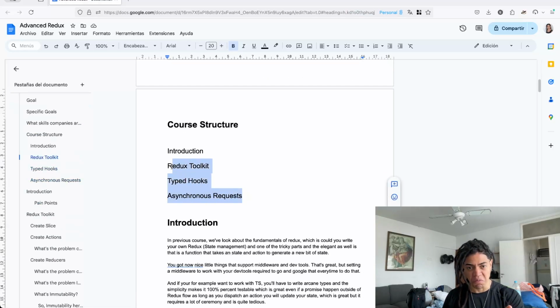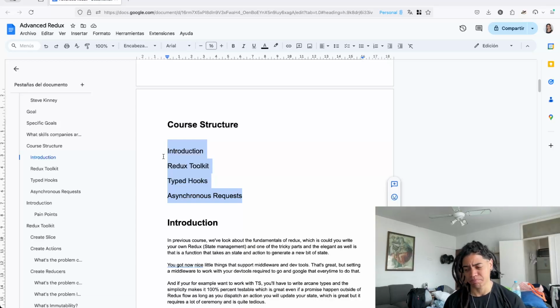It also is a small course, by the way. This is something that you can apply also to any other applications out there.